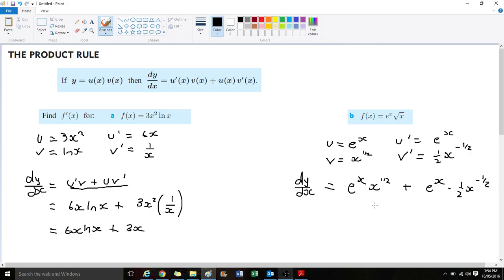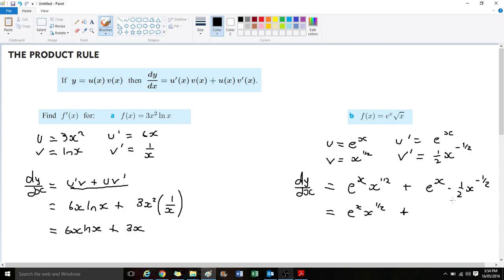Okay, and let's simplify this expression a bit. We've got e to the power of x times x to the power of a half plus e to the power of x times half x to the power of minus half.